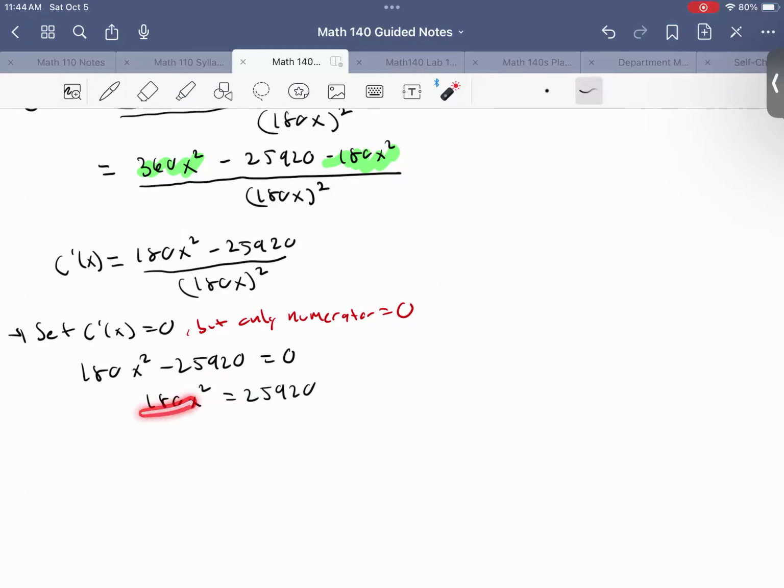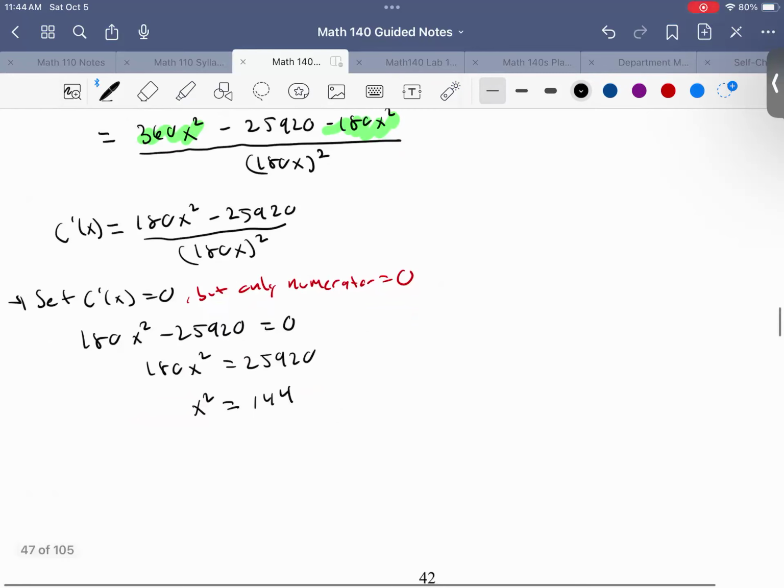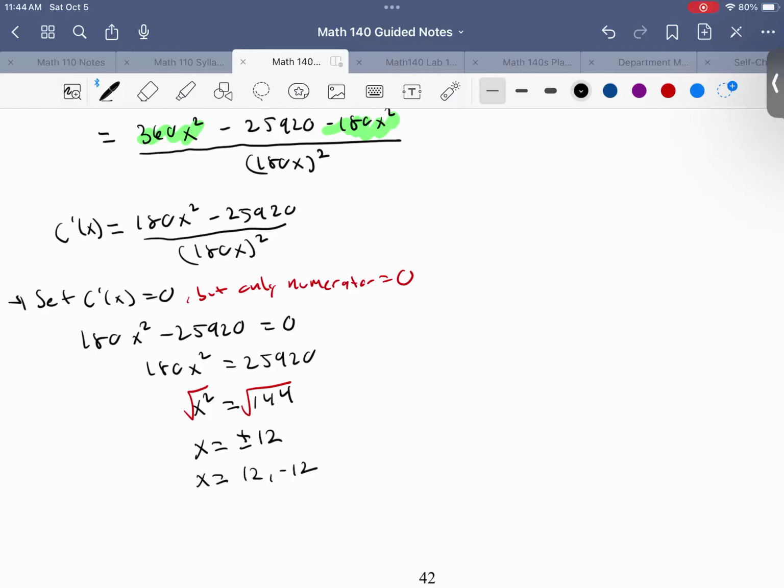If I divide both sides by 180, I end up with x squared equals 144. This works out really well because when I take the square root, I end up with x equals plus or minus 12. So x equals 12 and negative 12.